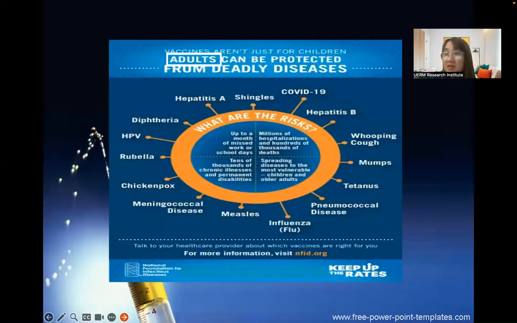And the next slide shows that vaccines are not just for children, but adults can be protected from deadly diseases as well.